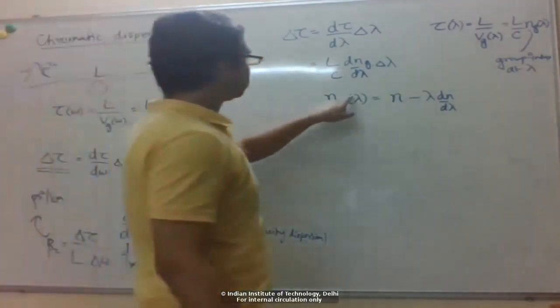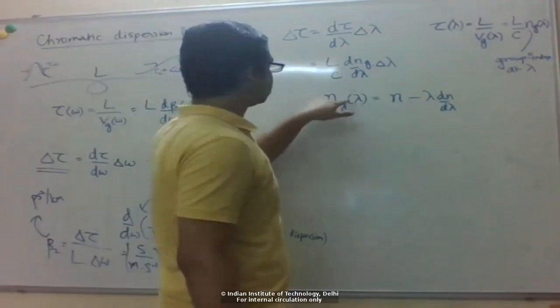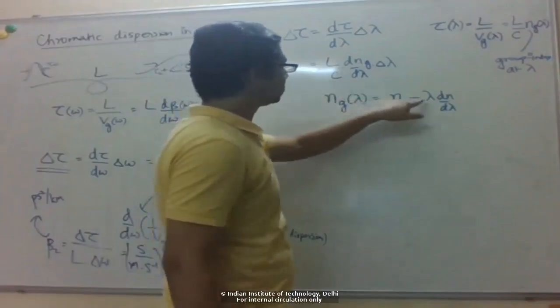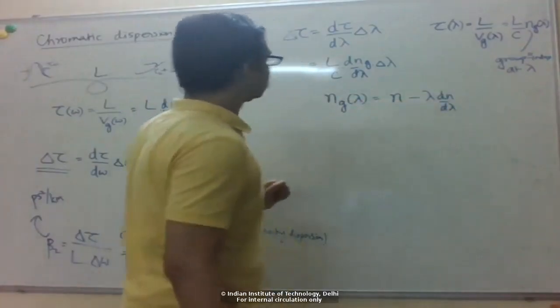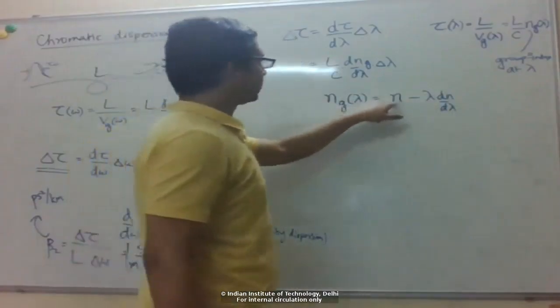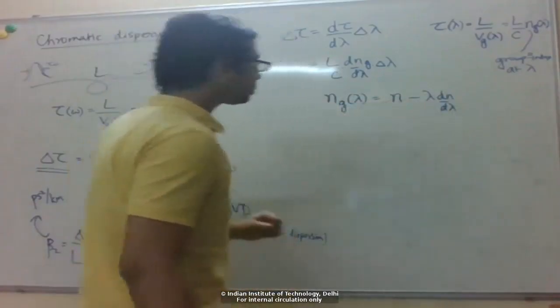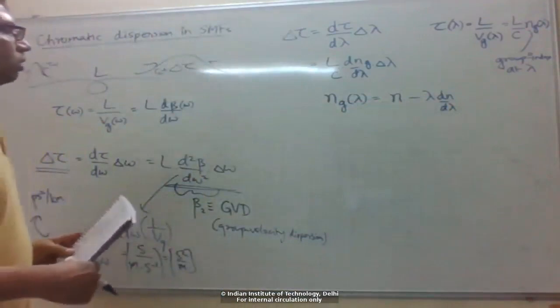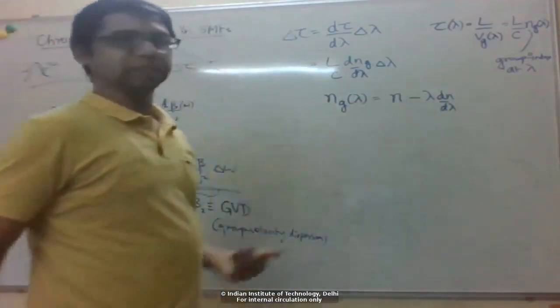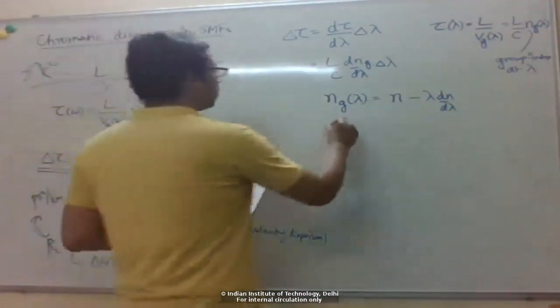There is an expression in terms of omega also: Ng as a function of omega is n plus omega times dn by d omega. As a function of wavelength, it can be written like this, where n is the usual refractive index, the phase index.